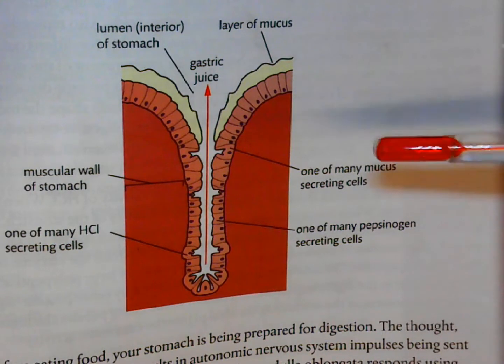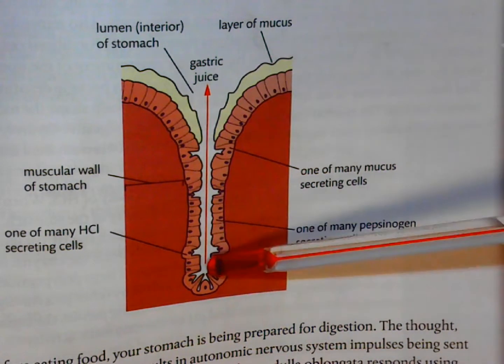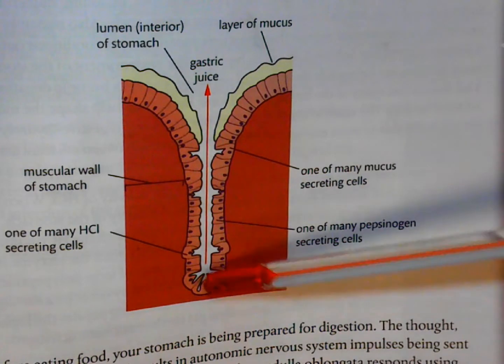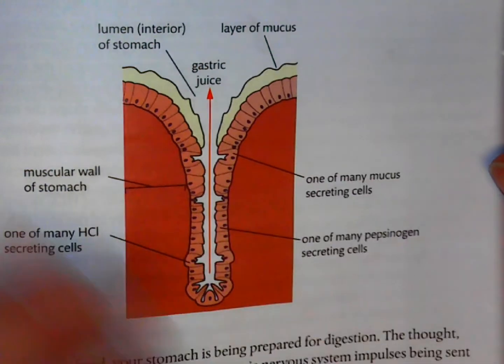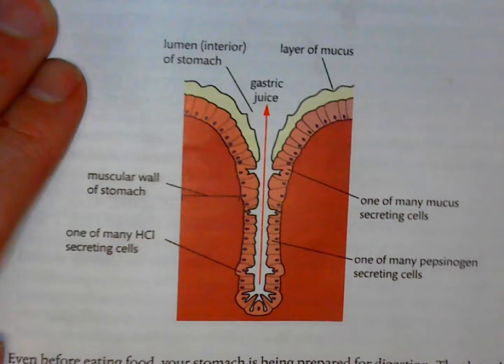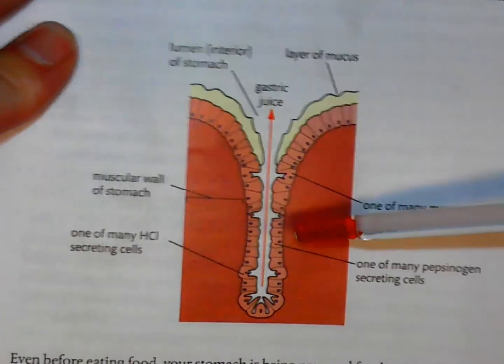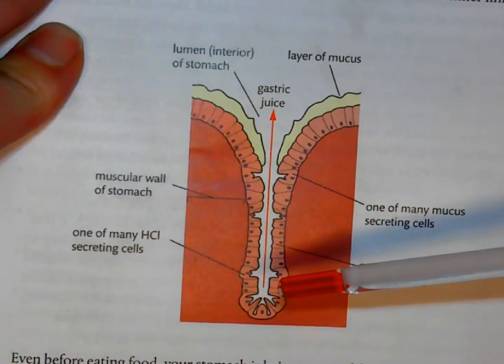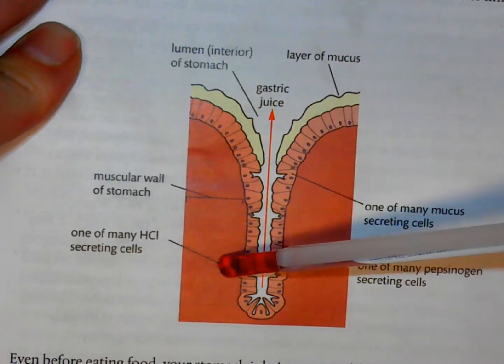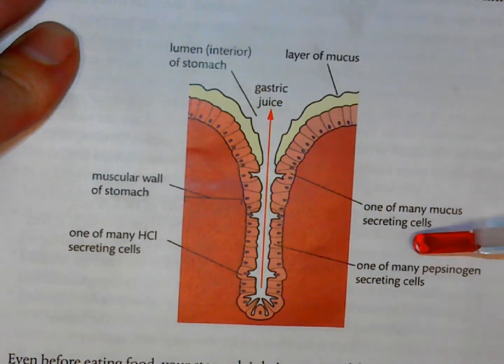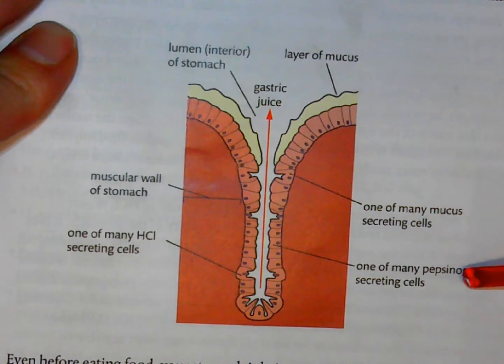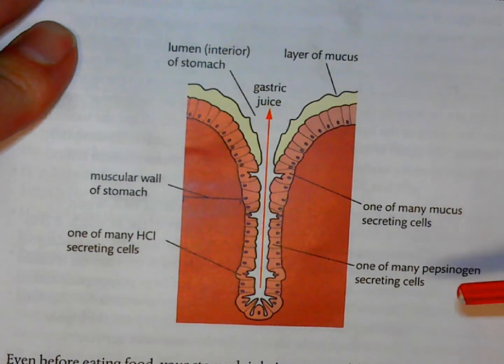So let me recap. We've got gastric pits that secrete what we call gastric juice, and there are three types of secretions in gastric juice. One is hydrochloric acid, the other one is mucus, and the third one is pepsinogen.